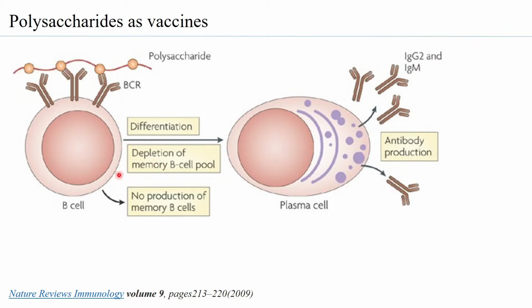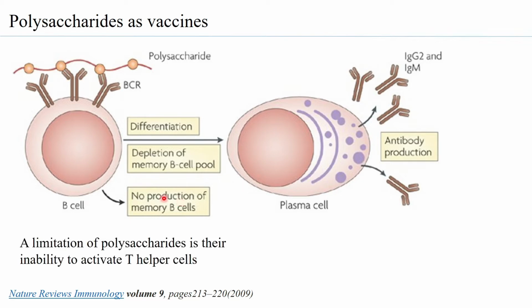If it activates a Th2 cell type, then you would also have memory B cells being formed. Now, if you do not have memory B cells being formed, then you're not developing an immunologic memory. And if you don't develop an immunologic memory, then you will not have lifelong protection.